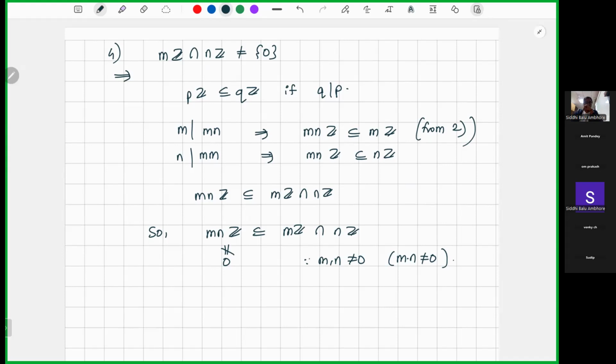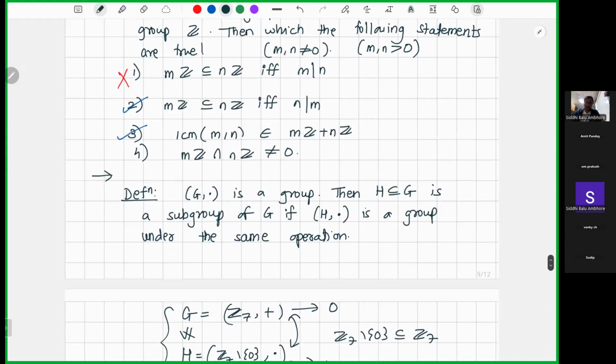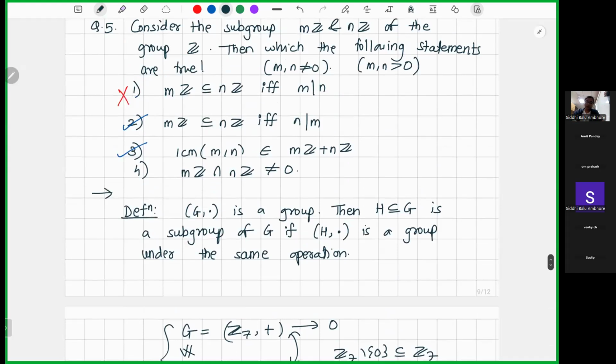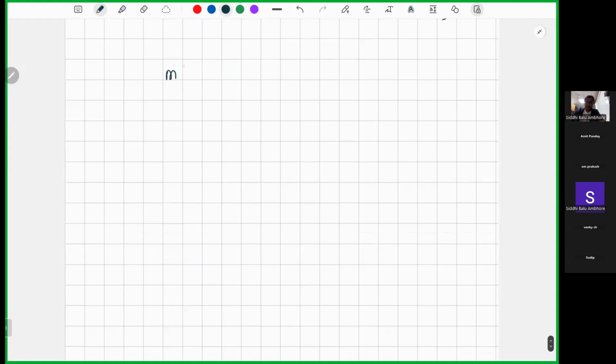Okay, if not, then this one is correct. And if you don't even want to go to mZ and nZ, just simply check that the element mn belongs to mZ and the element mn belongs to nZ. So this implies the element mn always belongs to mZ intersection nZ.